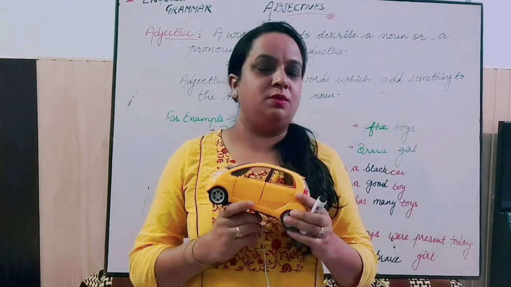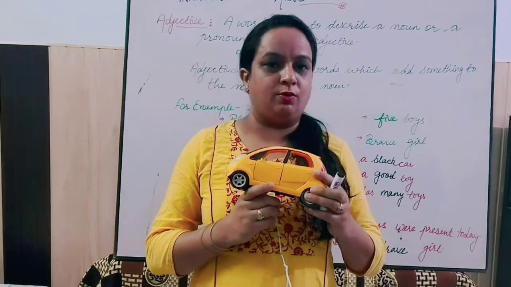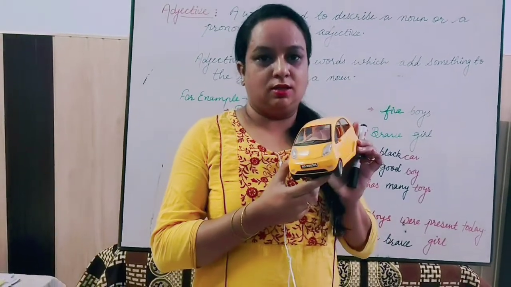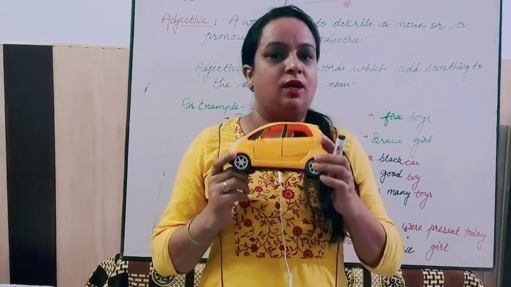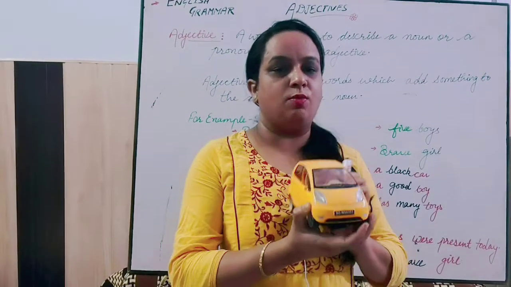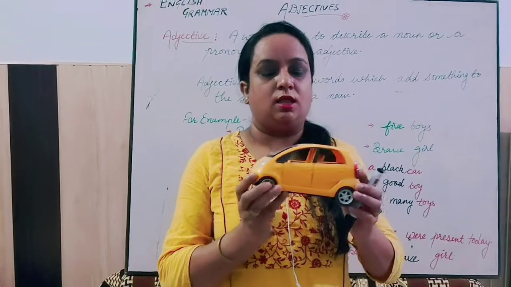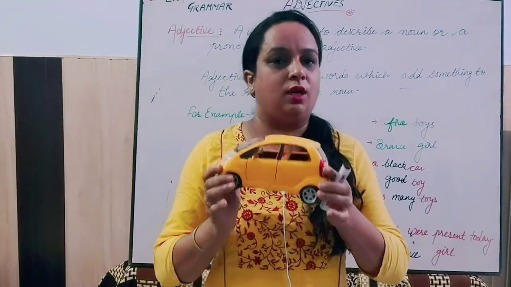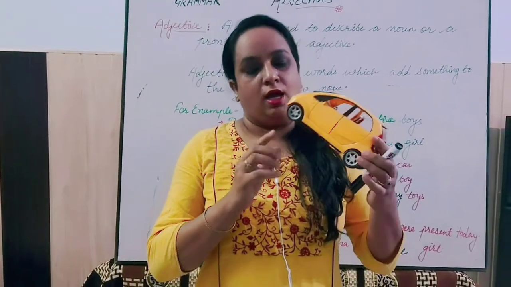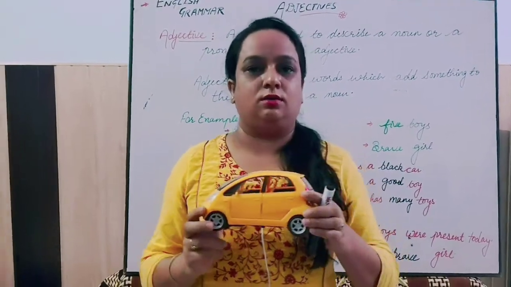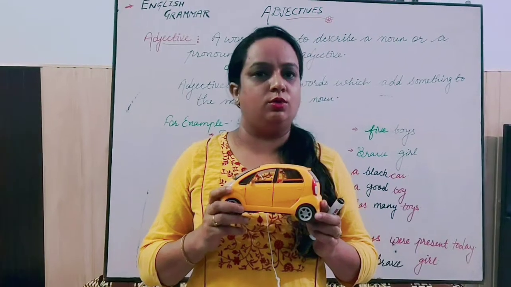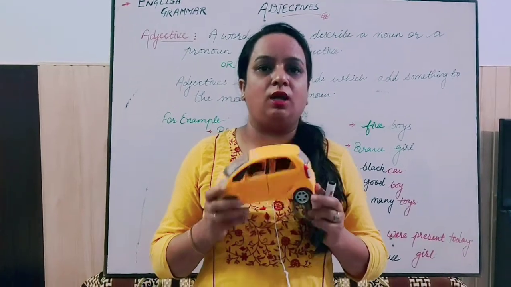Let me describe something for you. I have a car. This is a small car. This is of yellow color, right? It has small tires. So I have used the words, I have a small car.